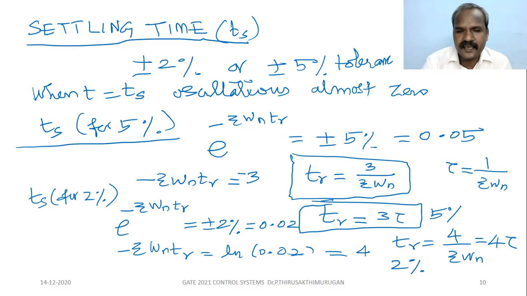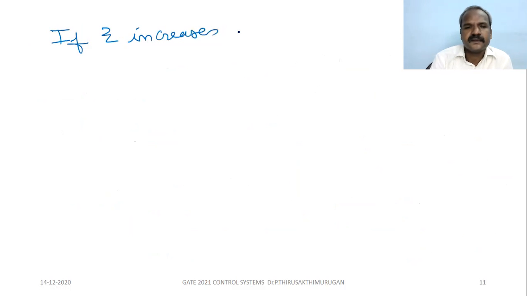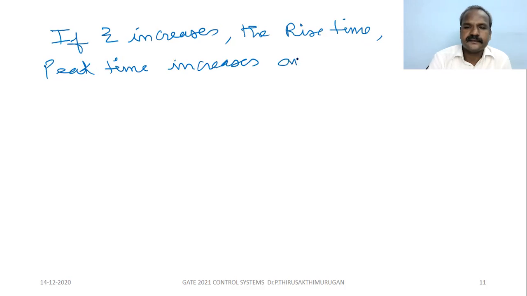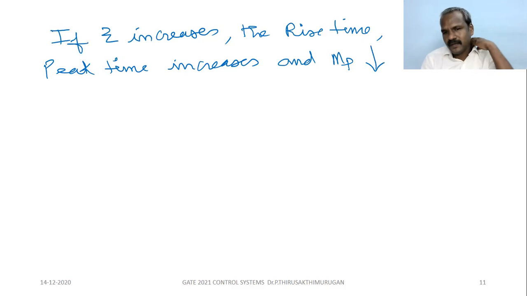If zeta, the damping ratio, increases, the rise time and peak time increase, and Mp decreases, the maximum overshoot decreases.